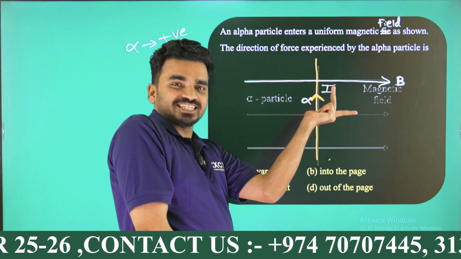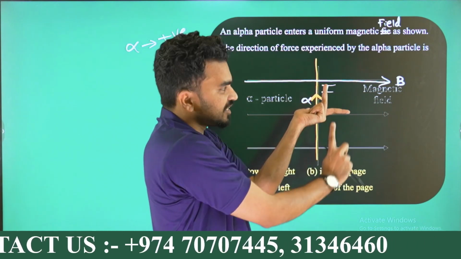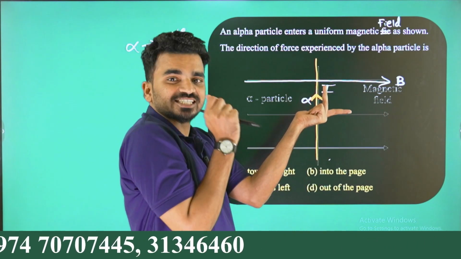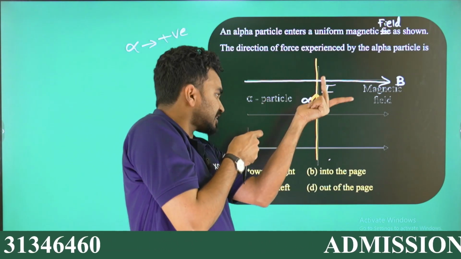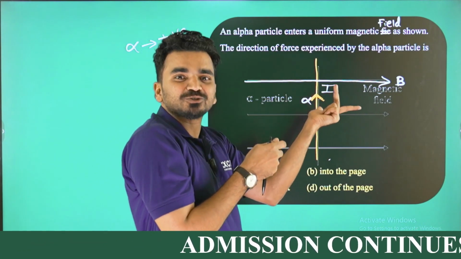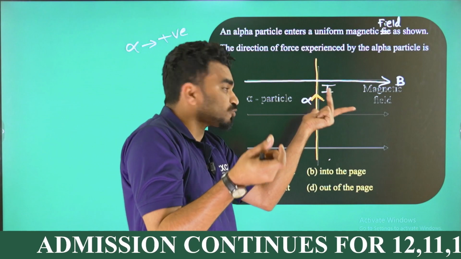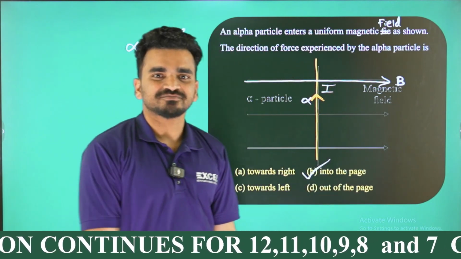Now it is correct, right? The magnetic field is along the right side, current is up. Now, which direction is my thumb pointing? The thumb gives the magnetic force. The thumb is pointing into the screen, which means in your paper, into the page. So the answer is into the page.